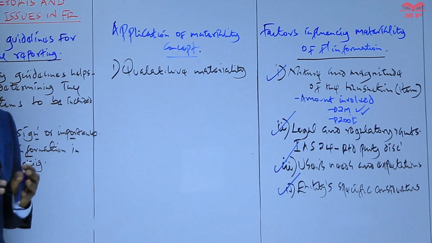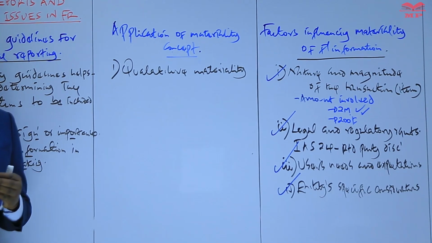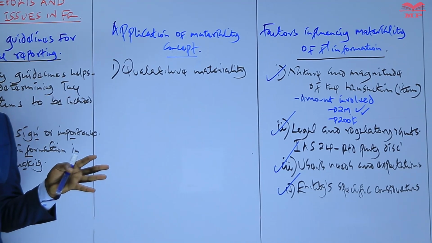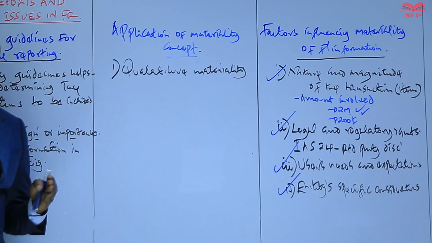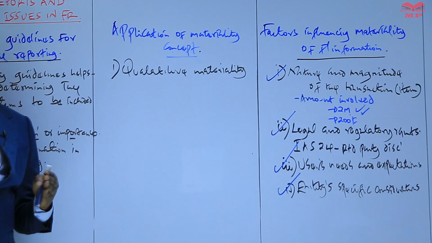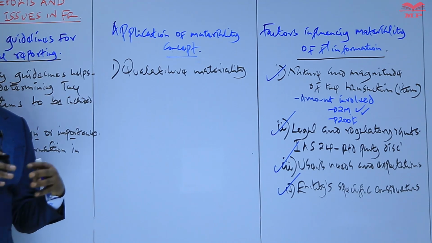So it means that if the information will affect the users' decision, then we say it is material, irrespective of the amount involved. But if financial information will not affect the decision to be made by the users, then in such a case we say it is immaterial.